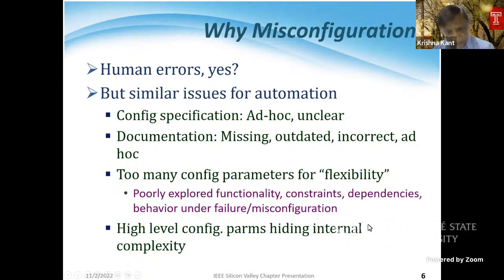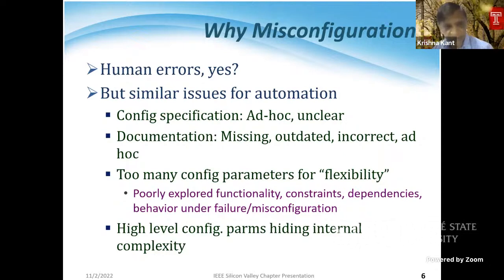Now, there is another approach that sometimes software designers take, which is that they try to go in the opposite direction. They try to minimize the number of configuration parameters. The idea is to make things easy for the user. You have only a couple of very high-level parameters, and the user can only tweak those.